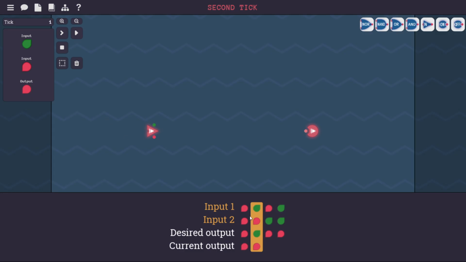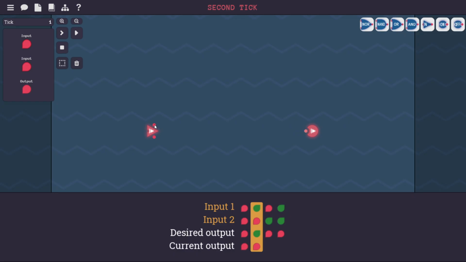Okay, let's look at this truth table. As it says, it's easier to look at the truth table than to try and figure other things out. Right now we have two inputs, this and this. If we have both of them off, our desired output should be off.